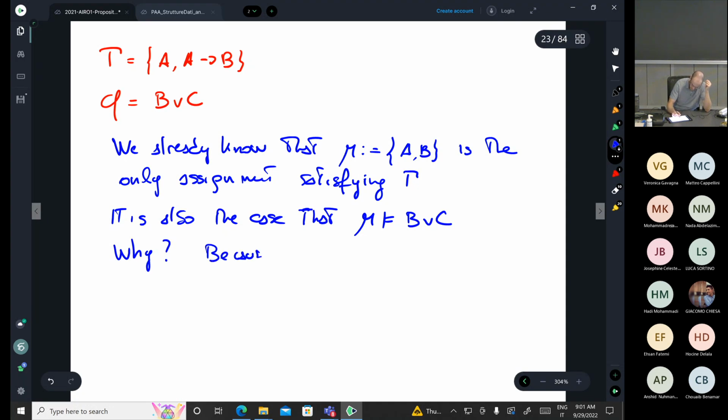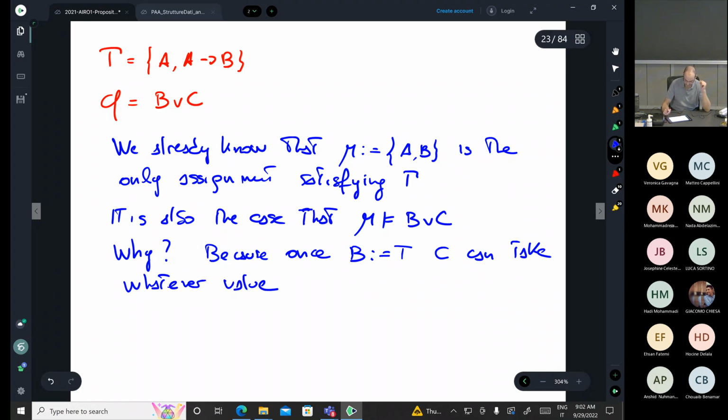Because once B is set to true, C can take whatever value, because this is a disjunction.